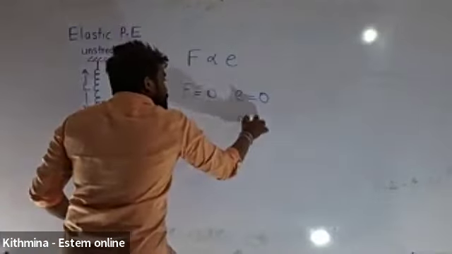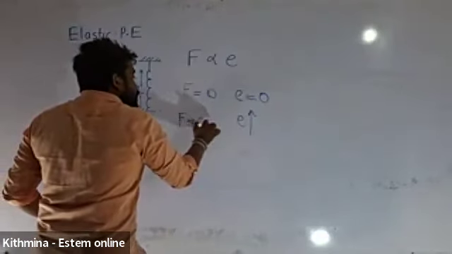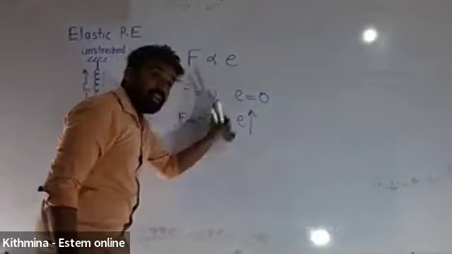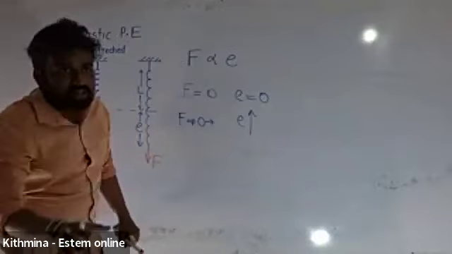When E is increasing gradually, F is also increasing from 0 to greater values. Then F is not constant.